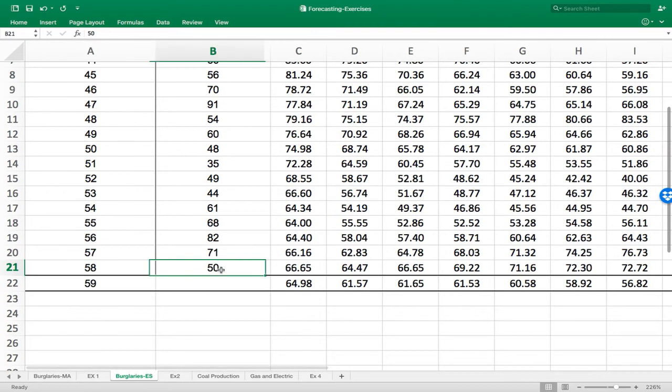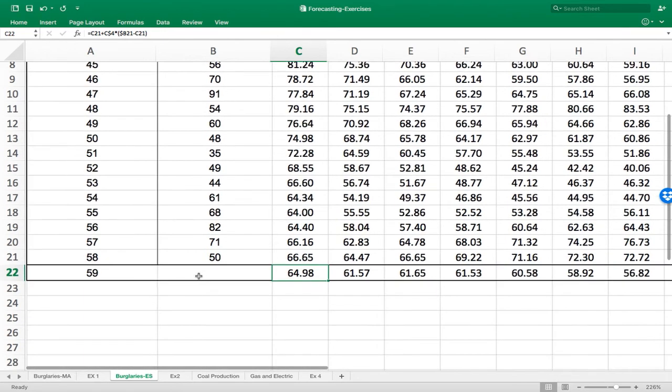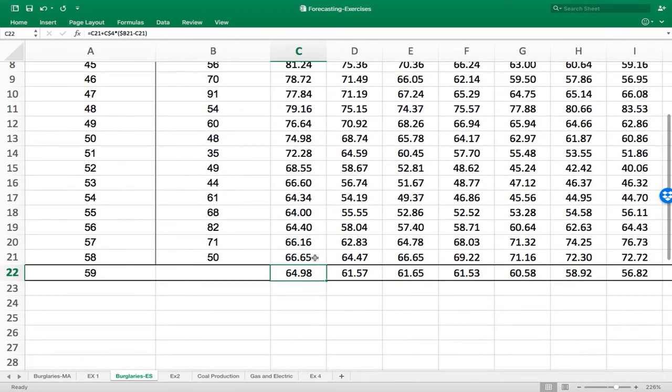Here I got an observation, and then I have to update this formula based on my previously made forecast value 66.16 and also the most current available monthly burglary data, which is 71. I basically used the same formula that I used before. I updated my formula according to that function, and now my future forecast for month 58 and onward is 66.65.